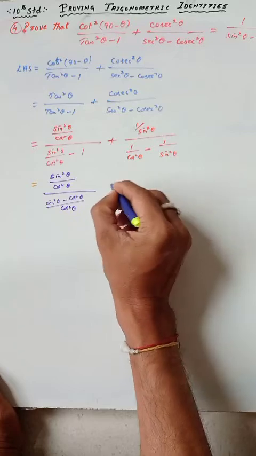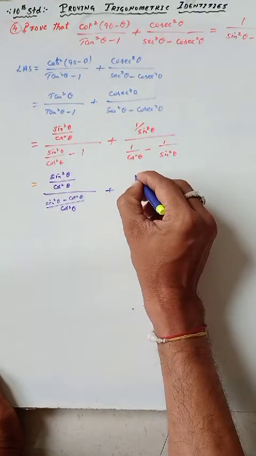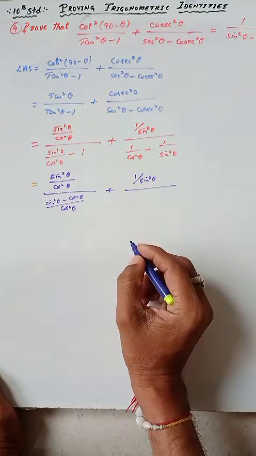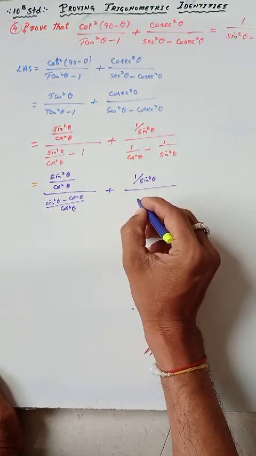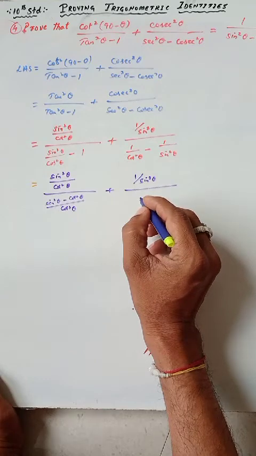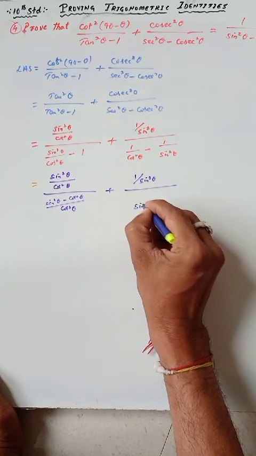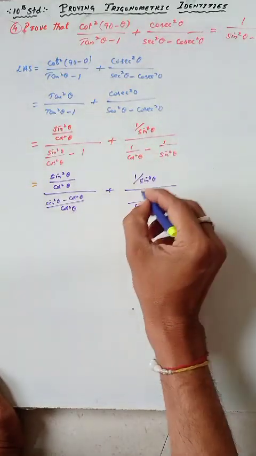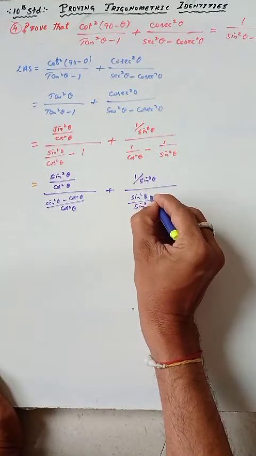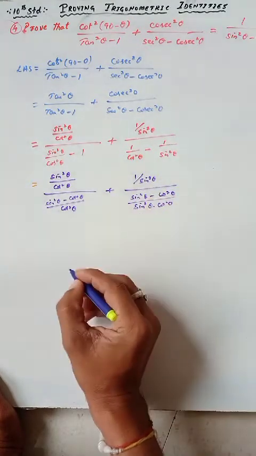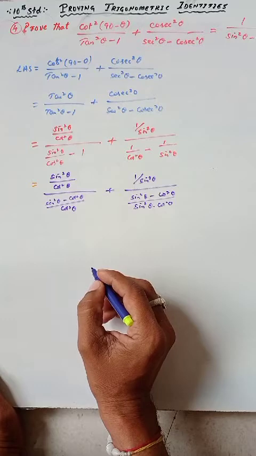Plus, here you keep 1 by sin squared theta as it is. Now what is the LCM here? Sin squared theta into cos squared theta is the LCM. So sin squared theta into 1 is sin squared theta, minus cos squared theta into 1 is cos squared theta. In this way we can take the LCM.